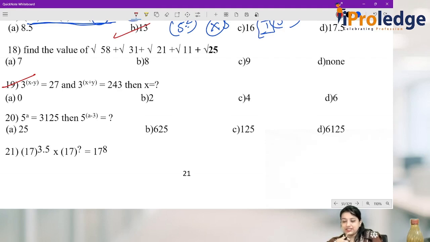The 19th one. I will do the question paper, you do it. The 19th one.